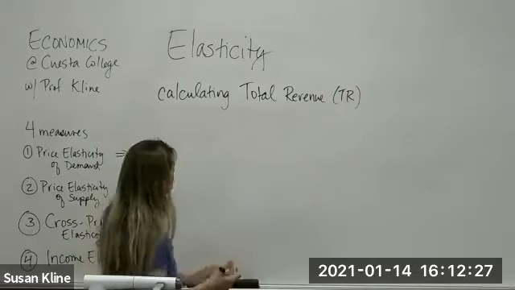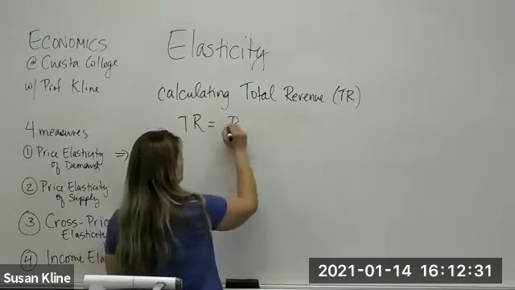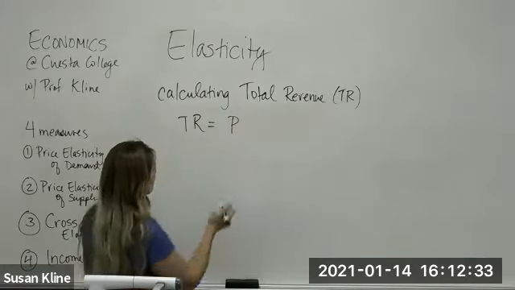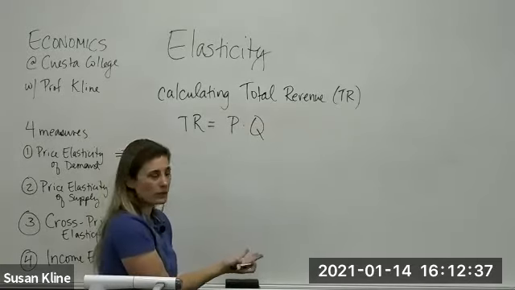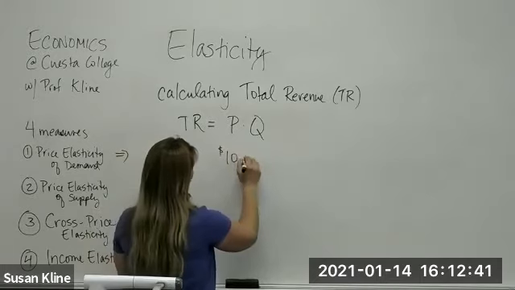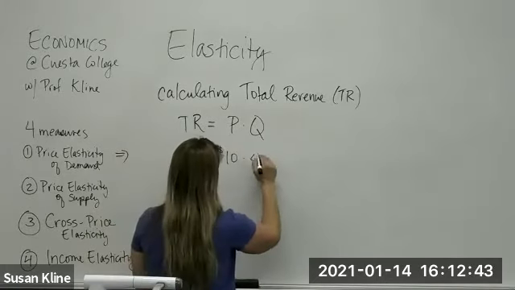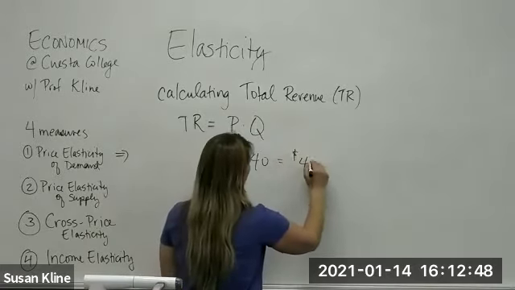Total revenue is the price that we sold our t-shirts for times the number of t-shirts we sold, right? If I'm selling t-shirts for $10 a piece and I sold 40 t-shirts, right, then I made $400 in revenue.